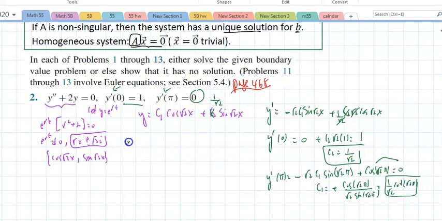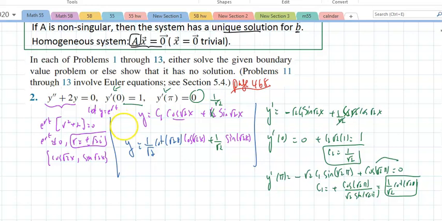Now my solution is y equals c sub 1, which we got to be 1 over radical 2 of the cotangent of radical 2 pi times the cosine of radical 2x plus 1 over radical 2 the sine of radical 2x, and that would be my final solution.